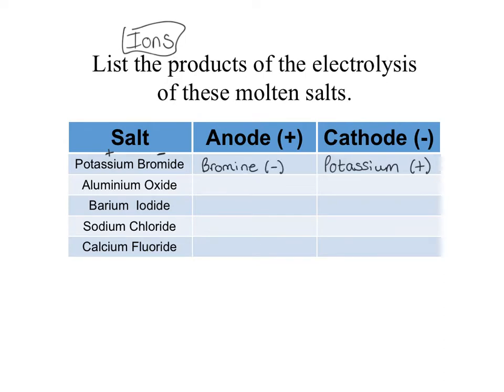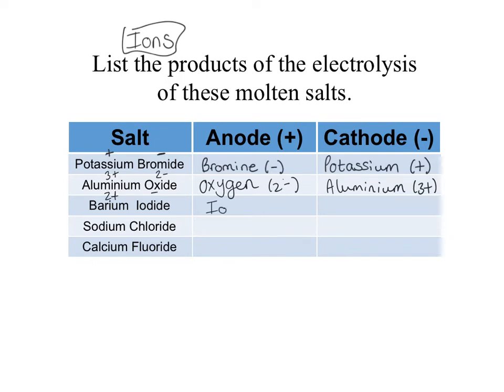Okay, so the next one then, aluminium 3+, oxide 2-. So the oxygen, which is what the oxide is formed from, will go to the anode, and then the aluminium will go to the cathode. Next one then, barium and iodine.